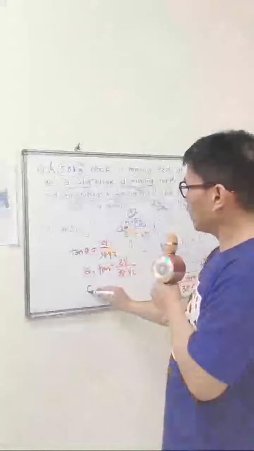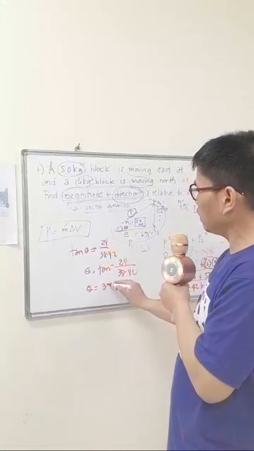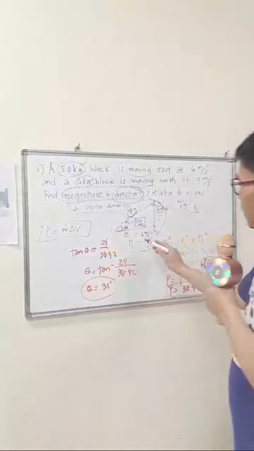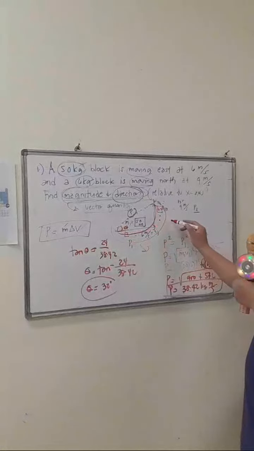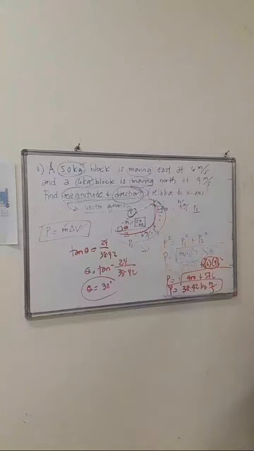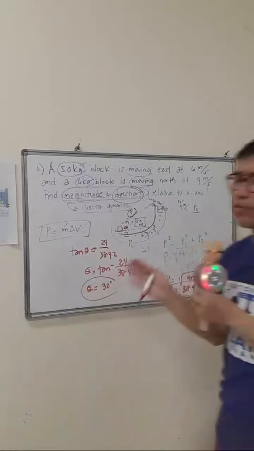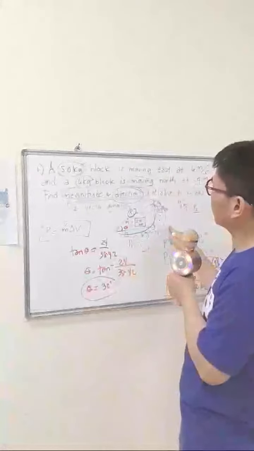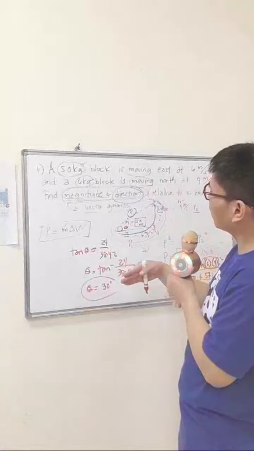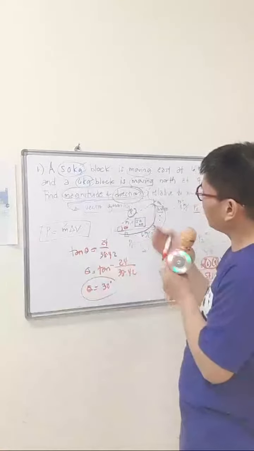Our angle of inclination is 32 degrees. Meaning, this will go here at 32 degrees and going to the north. So this is the direction. It's going to be east of north, because it started with the east, not northeast, right? East of north.